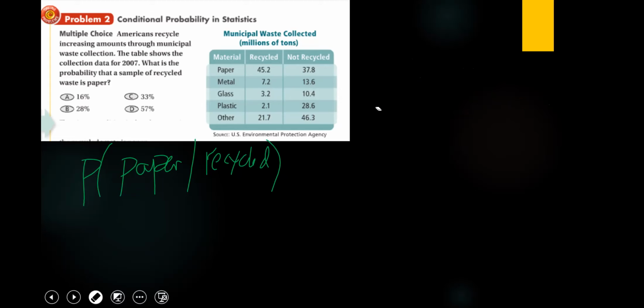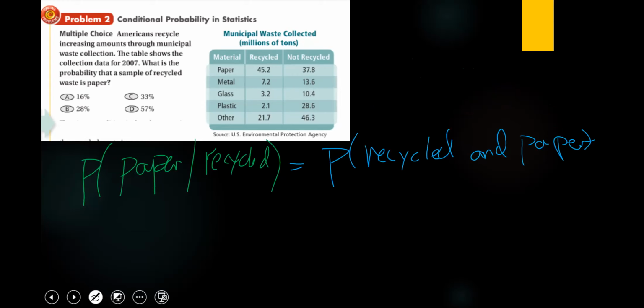Let's continue now. What is the probability that it is paper given recycled? As we said, it is the probability of recycled and paper over the probability of recycled, since we end with recycled.